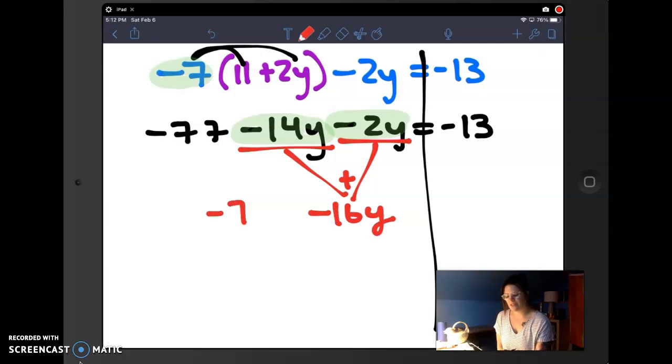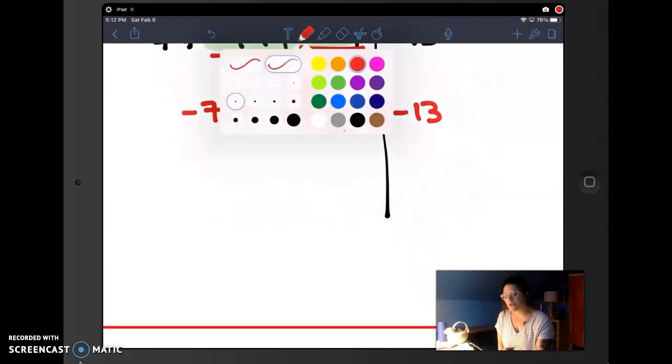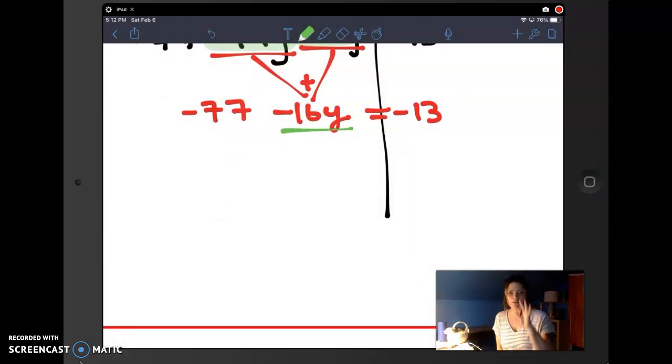The negative 77, nothing happened with that. The negative 13, nothing happened with that. And then this one might be a little tricky because we're used to adding or subtracting something that's on the right-hand side over here. But we always add or subtract the group of ones first.